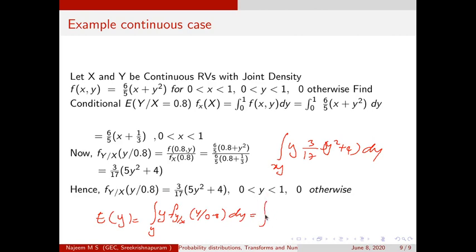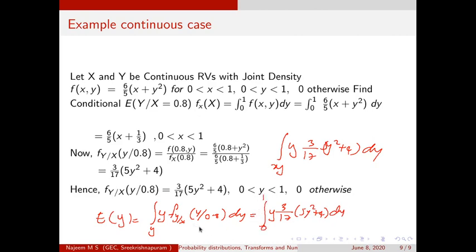That is equal to the integral of y into 3 by 17 into 5 y square plus 4 dy, the range should be 0 to 1.